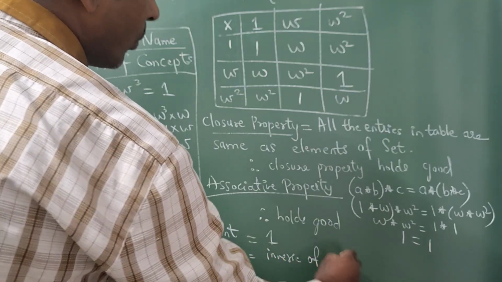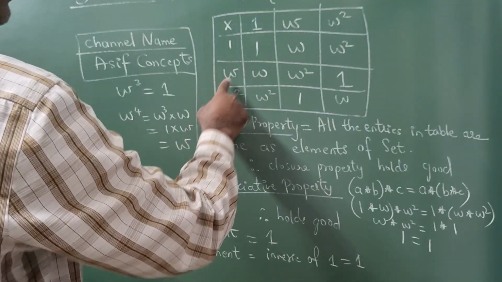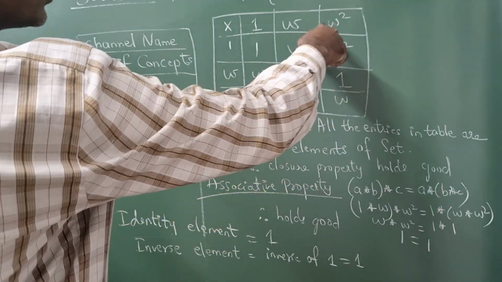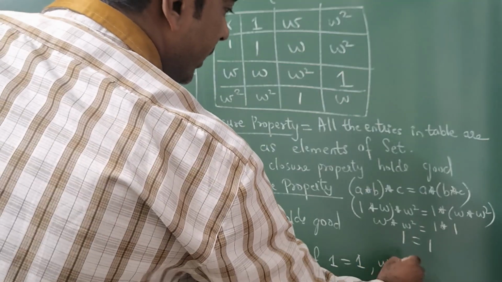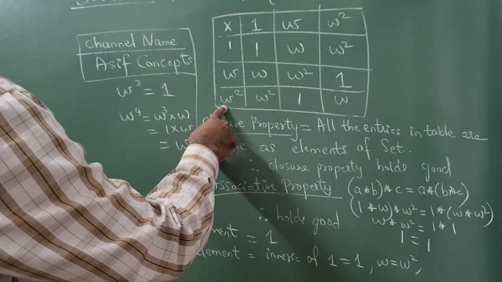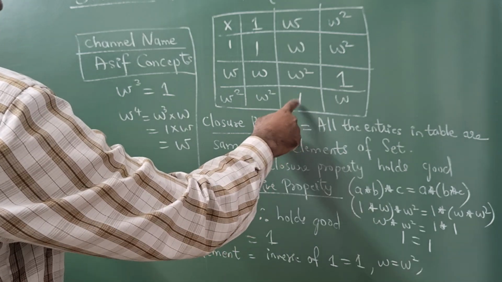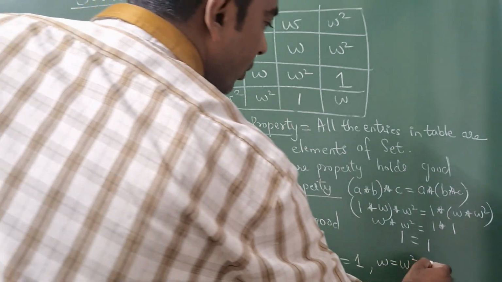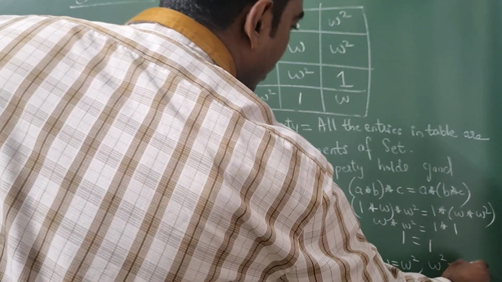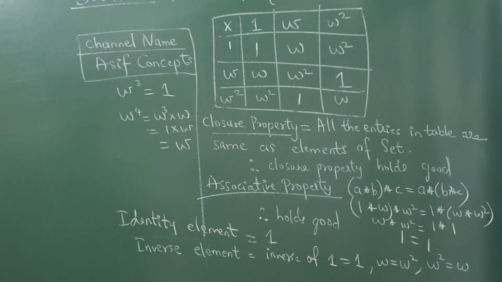Inverse of omega is omega square. Now inverse of omega square is omega, because the identity element is 1, we have to focus on the identity element. So inverse of omega square is omega, because omega square into omega will get 1.